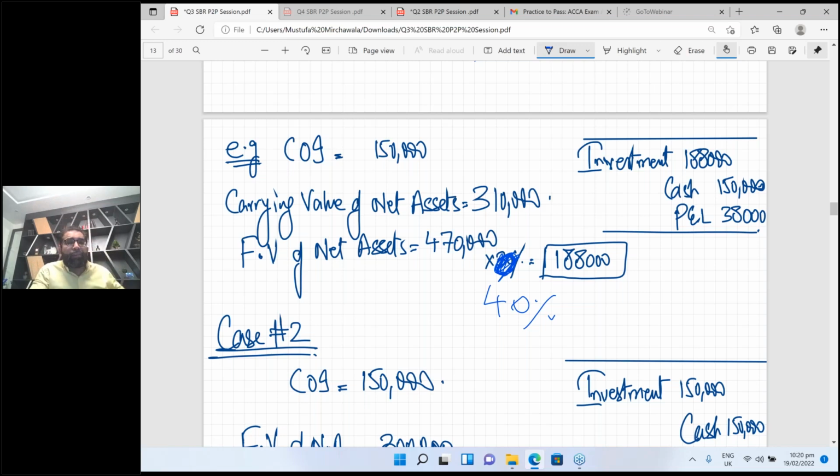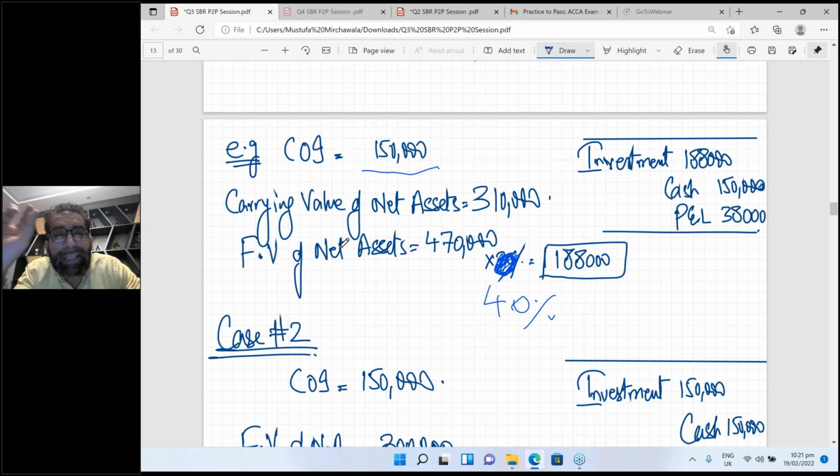Now let me give you one example. This first example relates to the question we are doing right now. We are STEM company, and we bought 40% shares of this new company. We paid COI 150,000. The carrying value of net assets is 310,000 at the date of buying the 40%.